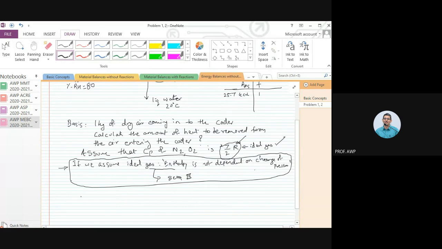Now, coming to your doubt, is enthalpy change dependent on pressure? Yes, enthalpy does depend on pressure if we are not having an ideal gas or if we are having a very large change in pressure.